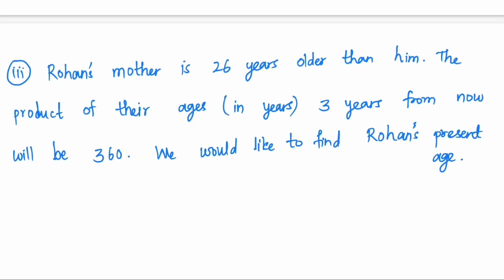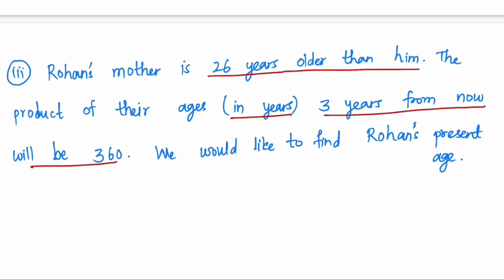The next question is, Rohan's mother is 26 years older than him. The product of their ages in years 3 years from now will be 360. We would like to find Rohan's present age. So for this question we need to find the quadratic equation.